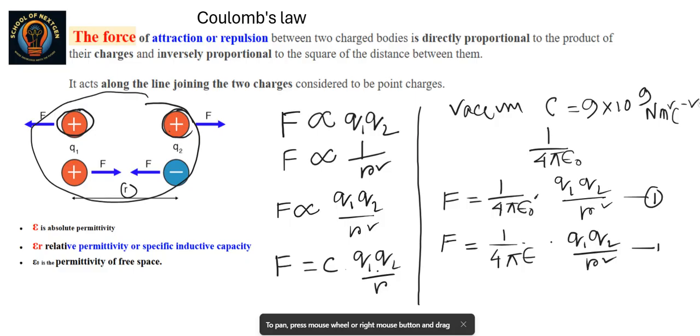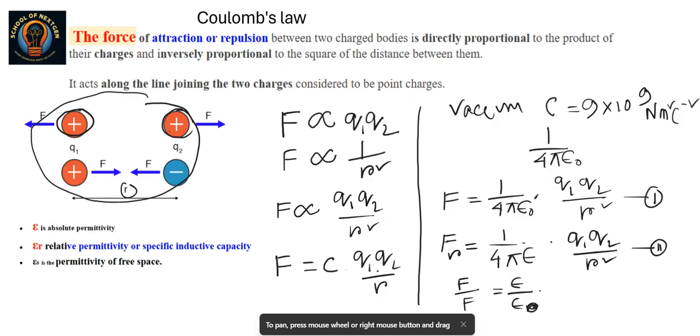Now, if we solve these two equations, we can write F by F1. Writing straight away, this is epsilon, and by this, this is epsilon naught.